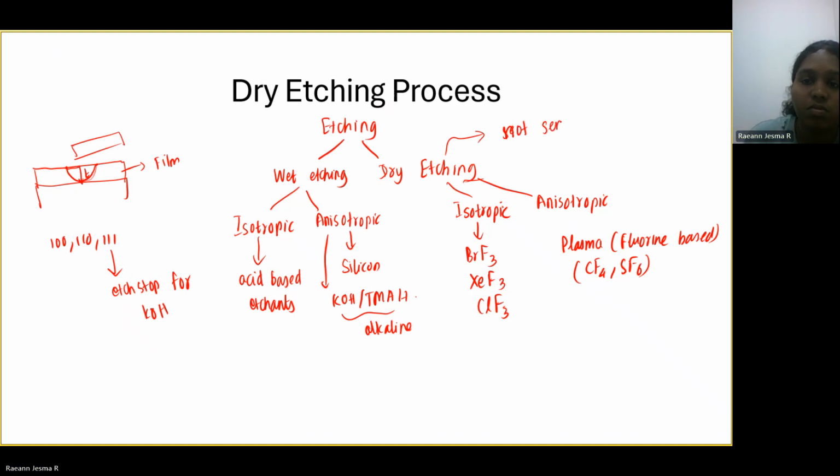In wet anisotropic etching, you saw that depending on your crystal orientation, your etching rate will be different. However, in dry etching, irrespective of whether you use a 100 wafer, 110 wafer or 111 wafer, your etching rate will not be determined by that. Depending on what chemistry you are using, you can get either an isotropic or an anisotropic profile.